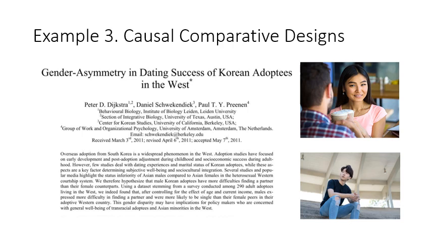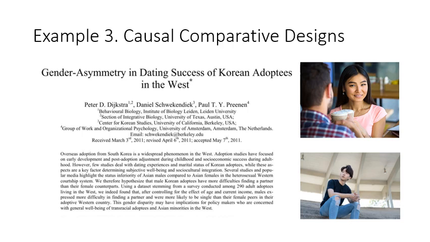Several studies and popular media highlight the status inferiority of Asian males compared to Asian females in the heterosexual Western courtship system. We therefore hypothesize that male Korean adoptees have more difficulties finding a partner than their female counterparts.